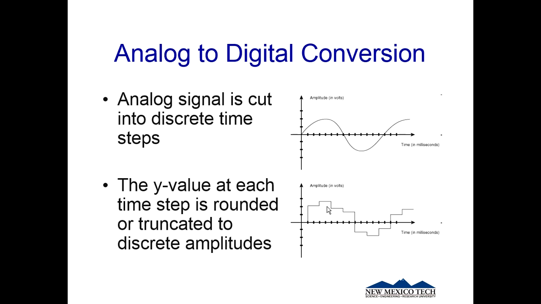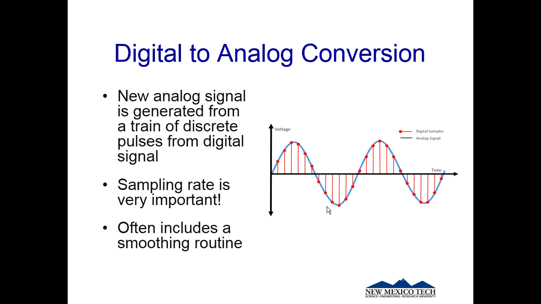Another way to think of this is like flipping pennies onto a ramp. They're going to land and they can be at any height off the ground, just along this ramp. But if you were to do the same experiment, flipping them onto steps, they can only land at certain heights on those steps. So that's the whole consideration when we take an analog signal and convert it to a digital signal.